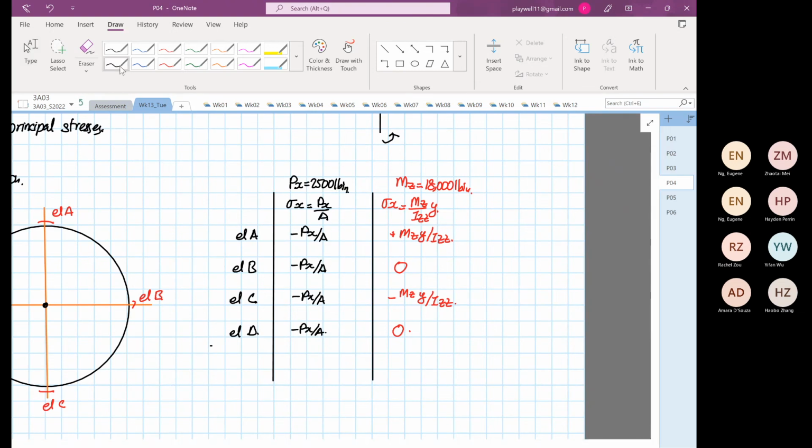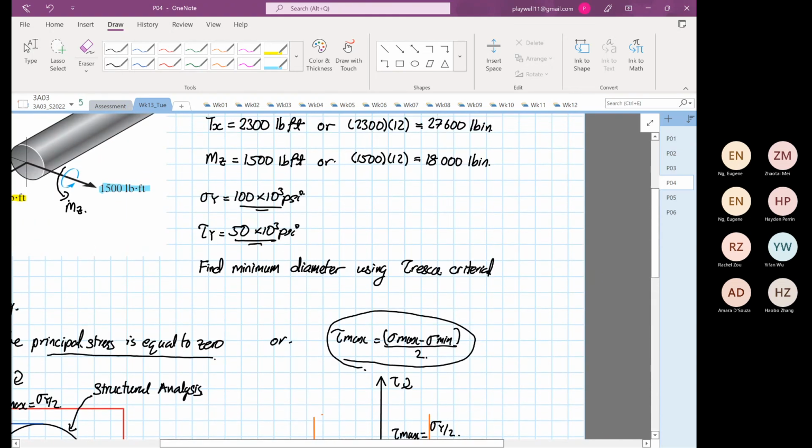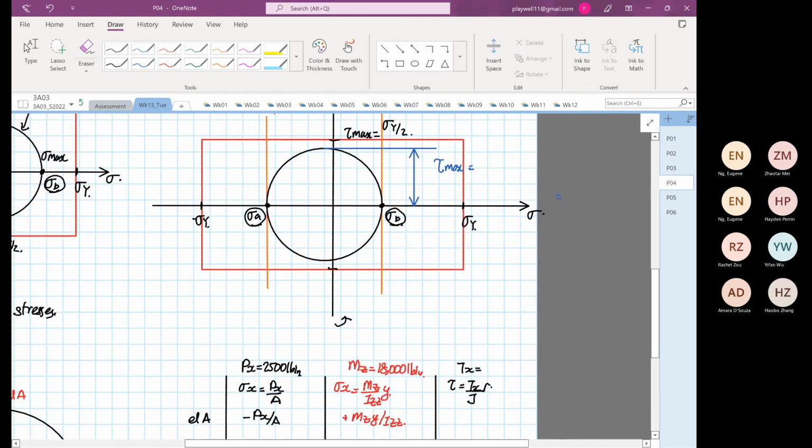And then the last one, which is due to the torque, right? The last one is due to the torque. So the shear is equal to Tx over J multiplied by R, where we calculated Tx is equal to 27,600.